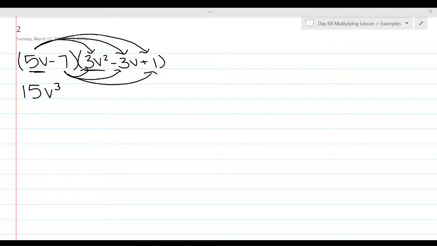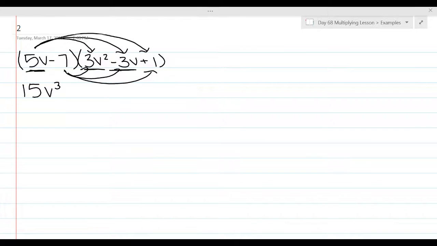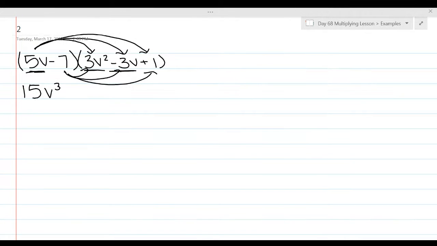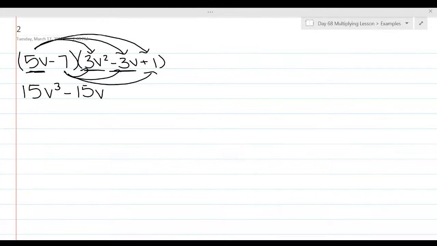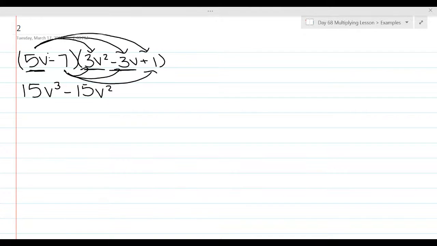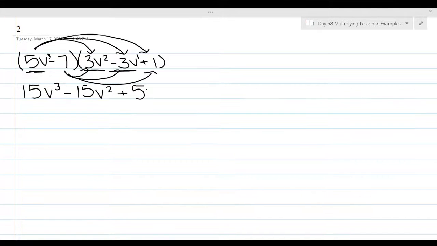Then we have 5v times negative 3v. So multiply the coefficients, get negative 15. Multiply the v's, you get v squared. Add those exponents. Lastly, we have 5v times 1, so you're just going to add a 5v on the end.